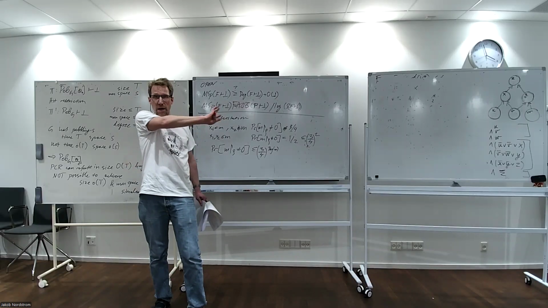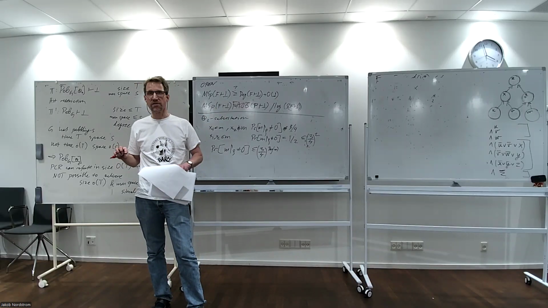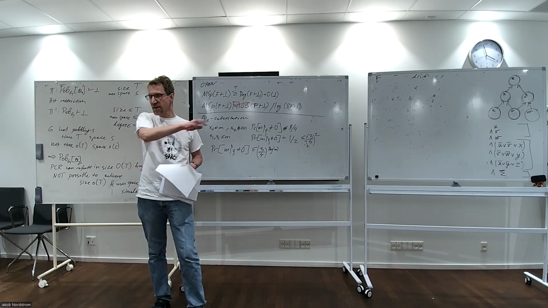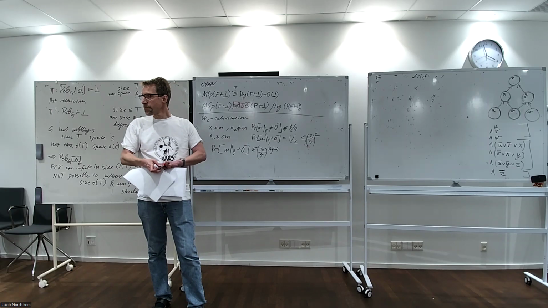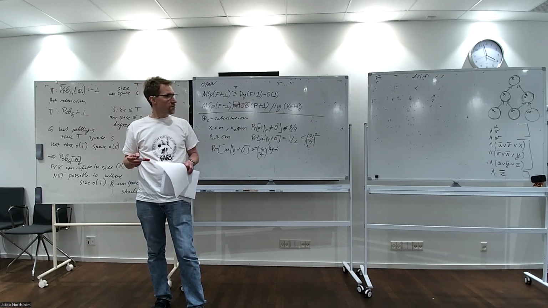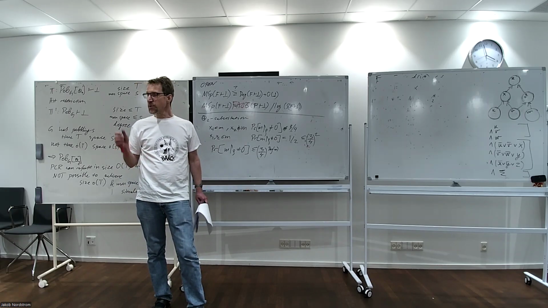So they have some hidden amazing trade-off properties that we cannot see that manifest themselves not in resolution, but for polynomial calculus.